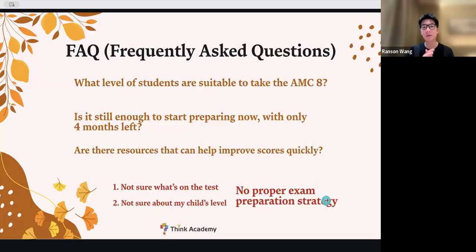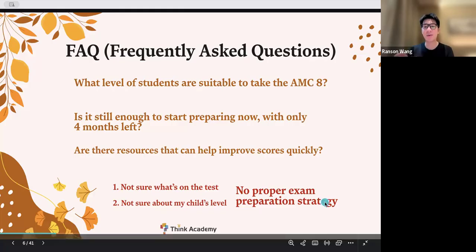And for the rest of the questions, is it still enough time to prepare right now, and are there any resources? Right now I can see that most of the students or parents are facing the problem where they are not sure what's on the test. So you have no idea whether you can use the 3 months to prepare or not.